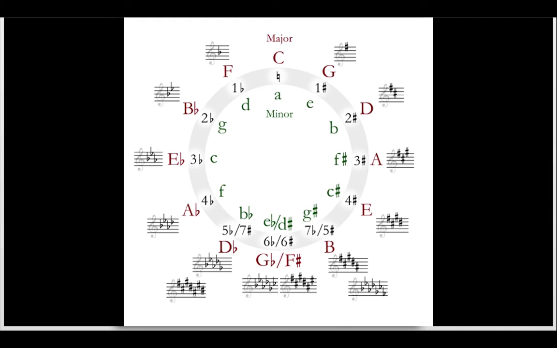That would be the order of flats: B, B-E, B-E-A, B-E-A-D, B-E-A-D-G, B-E-A-D-G-C, etc. And then you would reverse that for sharps: F, C, G, D, A, E, B.